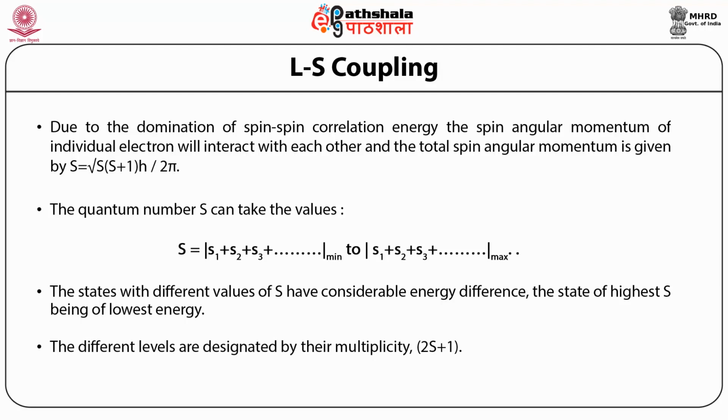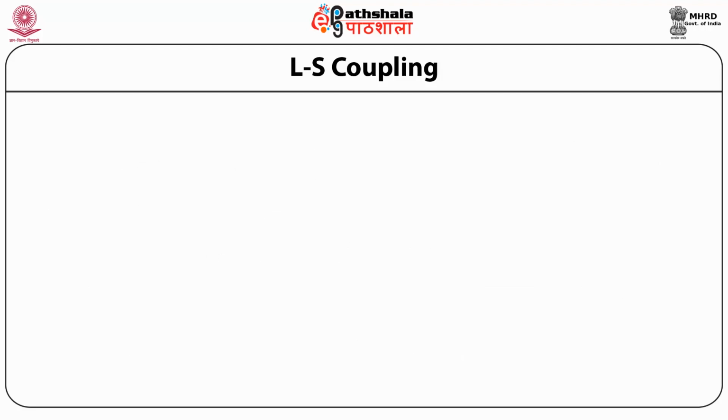The different levels are designated by their multiplicity 2S plus 1, and thus for one electron this capital S is equal to small s is equal to 1 by 2, so that 2S plus 1 is equal to 2 and we get the doublet level.